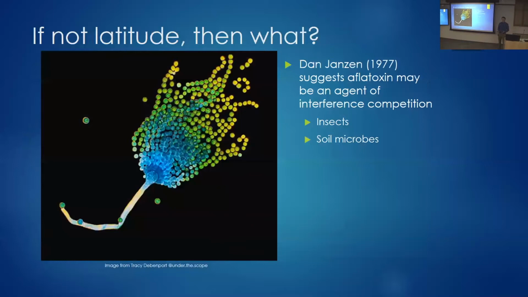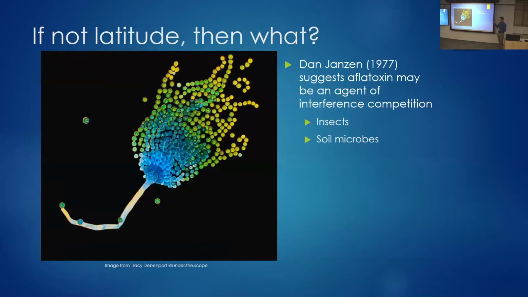So if it's not latitude, then what? Dan Jansen, who's an evolutionary biologist currently at Penn, wrote a paper that suggested that secondary metabolites in general, and specifically aflatoxins, may be an agent of interference competition, by which you produce these chemicals into a substrate and then you kind of claim the substrate as yours to consume, because nobody else wants to eat it because you've poisoned it, basically.